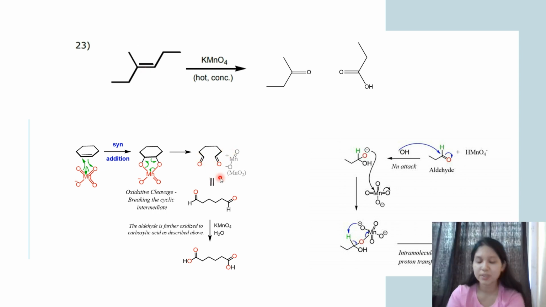But since potassium permanganate is a very strong oxidizing agent, it further oxidizes the aldehyde species, whatever formed, to its corresponding acid. Thus, we got a ketone and an acid as the final product.